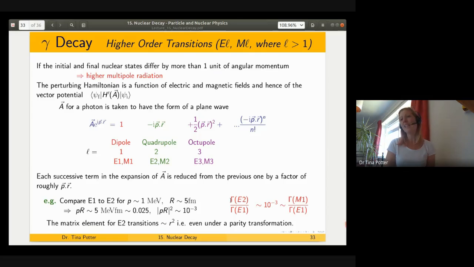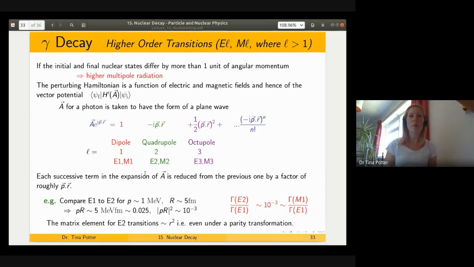So when we compare the decay rates between E2 and E1, we've got an additional factor of (p·r) squared here, which will suppress this quadrupole transition with respect to the dipole transition by a factor of 1,000. And this is similar to what we saw for the M1 to E1 transitions here.